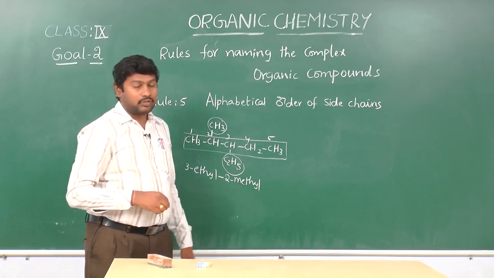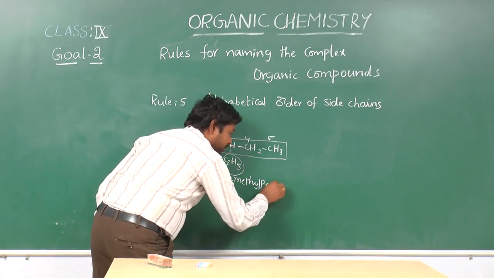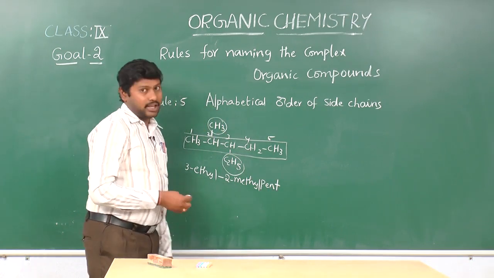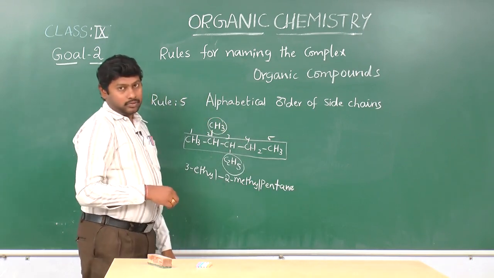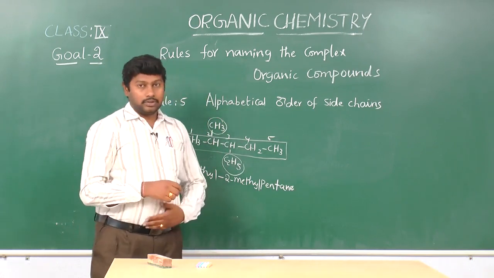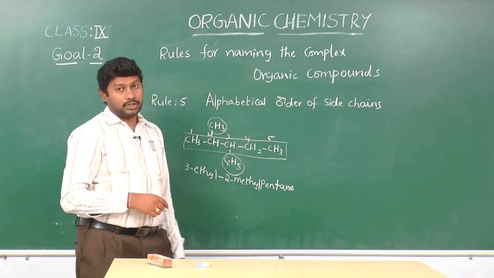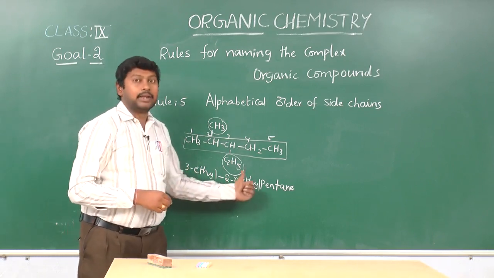So, what is the root word for 5 carbon atoms? Pent. And it is a saturated compound, so the primary suffix is ane, pentane. So, what is the name of this compound here? If more than one side chain is present, they are prefixed in alphabetical order. So, here 3-ethyl-2-methylpentane.